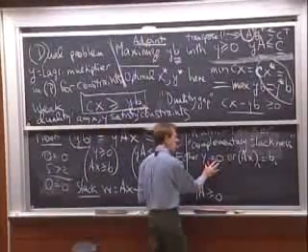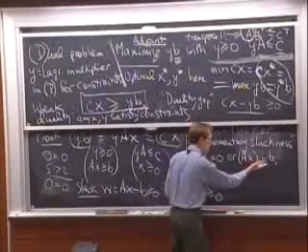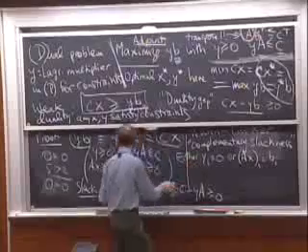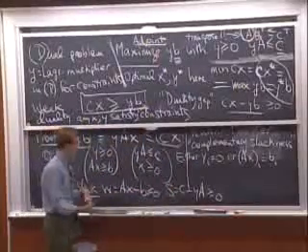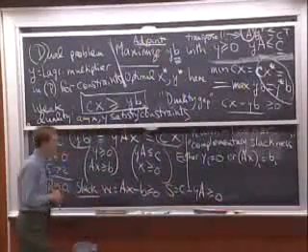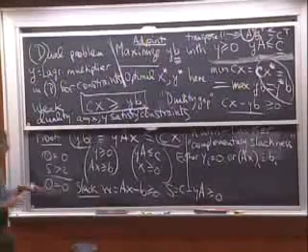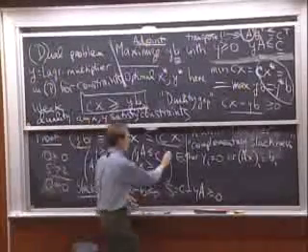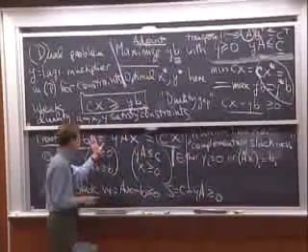If yi is 0, then I certainly can multiply the inequality by y and I get 0 equals 0. Or, if ax is exactly b, then multiplying by y won't change it. Okay. So this is the complementary slackness: one or the other has to hold to get equality.